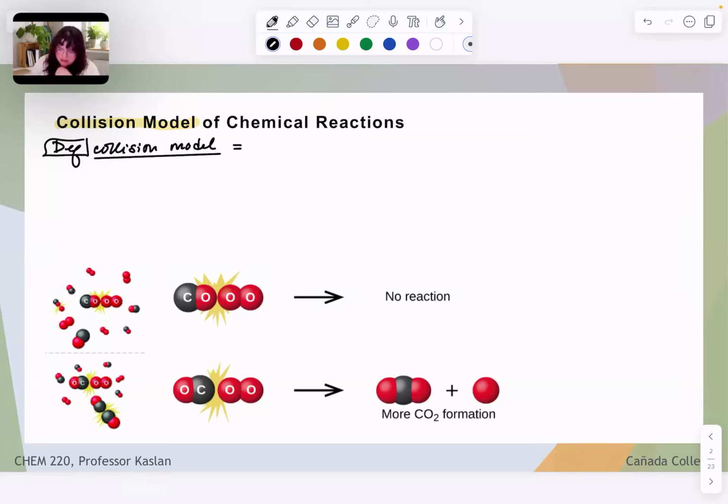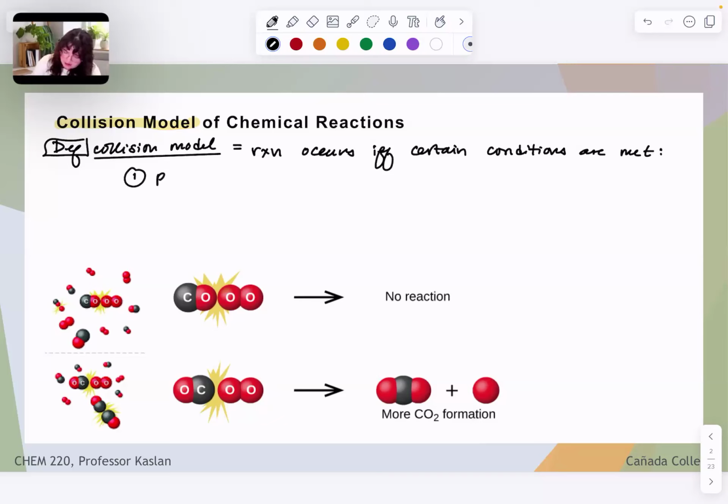So the collision model says that a chemical reaction occurs if and only if, so IFF, if and only if, certain conditions are met.